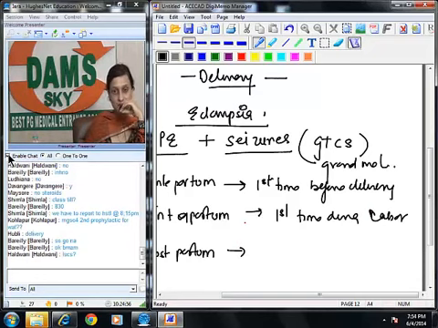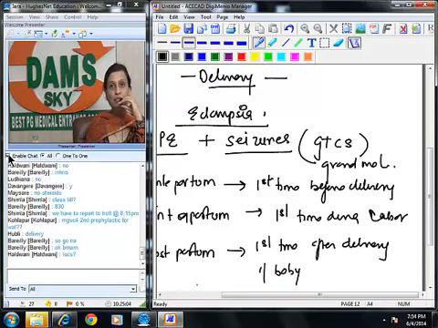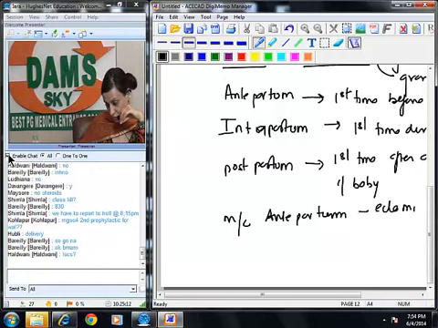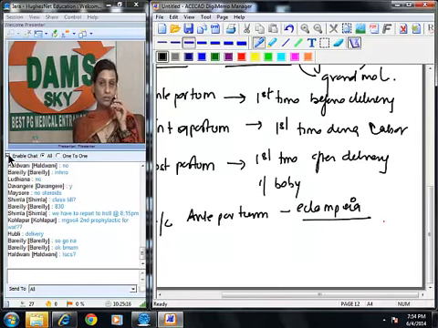And postpartum if the seizures occur for the first time after delivery of the baby. The most common out of these three is antepartum eclampsia.